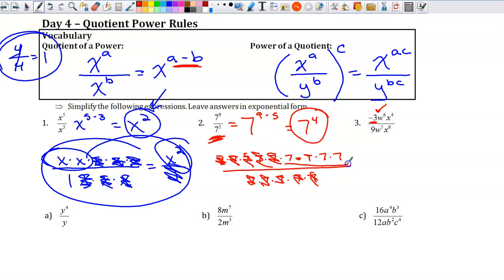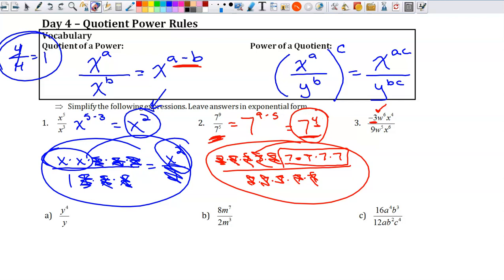And we end up with 4 sevens being multiplied, which is 7 to the 4th. I'm not going to want to write that out every time, but the concept is you had 9 on top and 5 on bottom, so I know the top of this fraction is going to win. After they go to war, how many are left? 4. Now again, when the bottom wins, that gets a little sketchier, and I'll show you in just a sec.